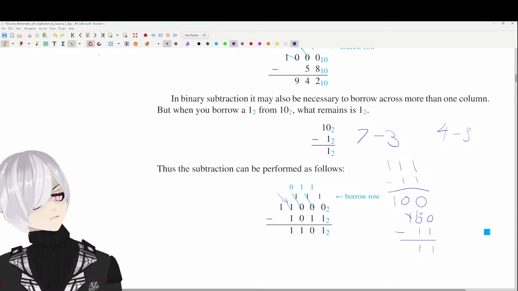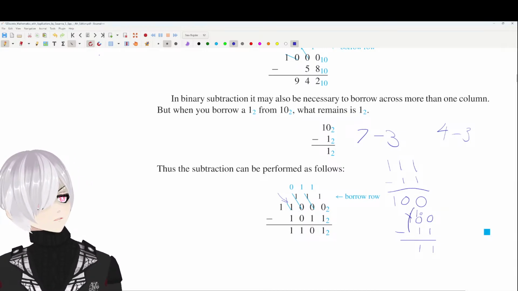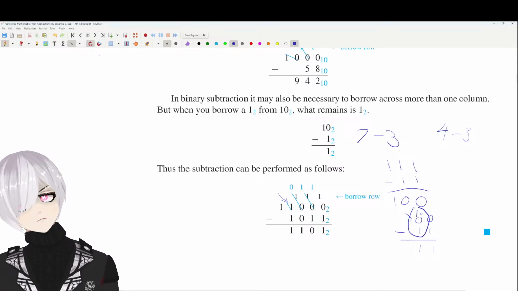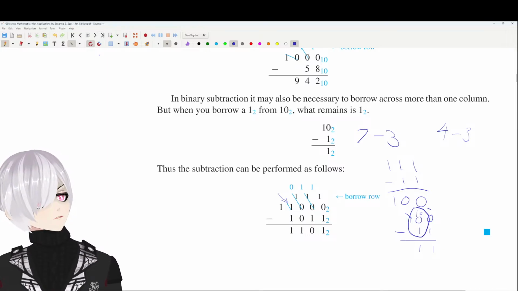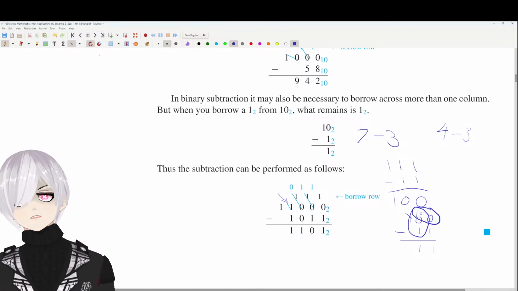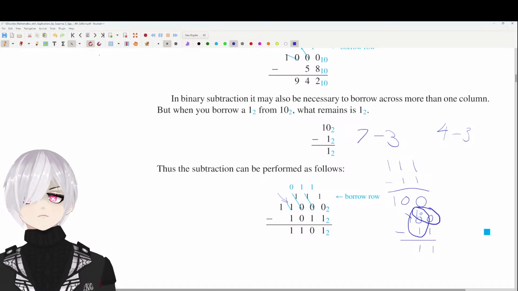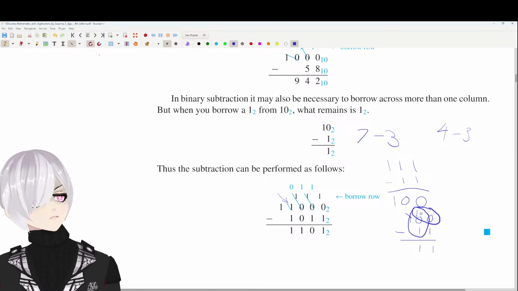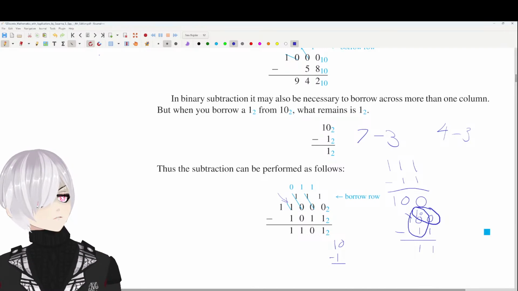Okay, so not only do we subtract what's being subtracted from the 10, but we also subtract what's being borrowed. In that little center column, it's not just 10 minus 1, which is what would give me this 1 here.